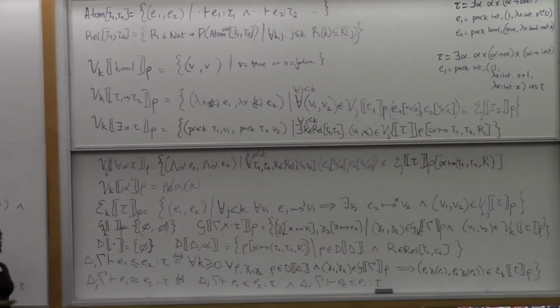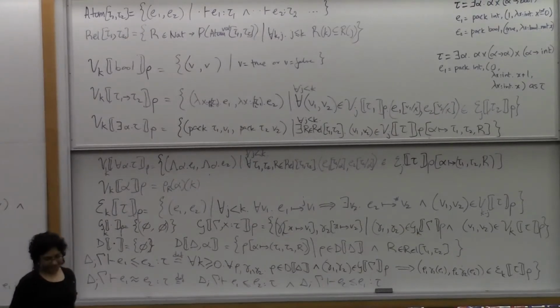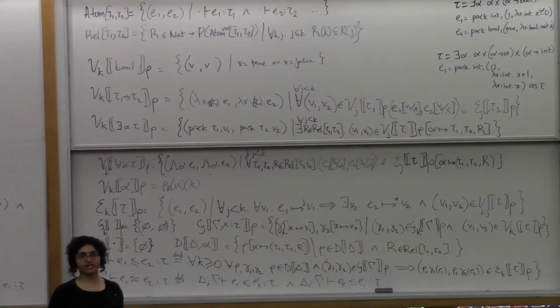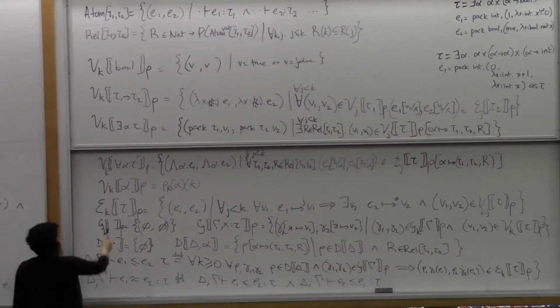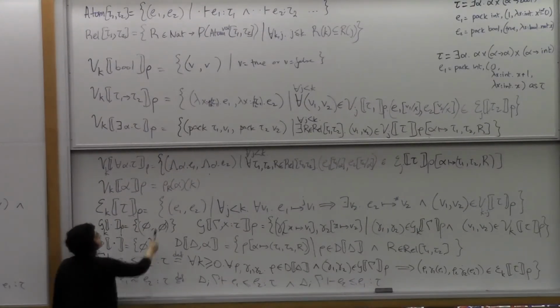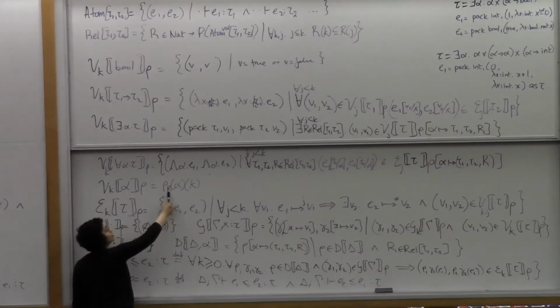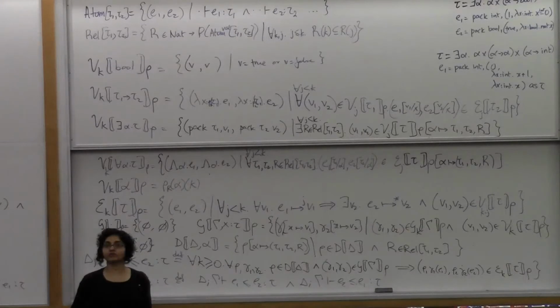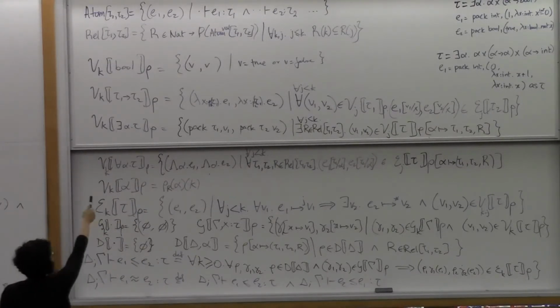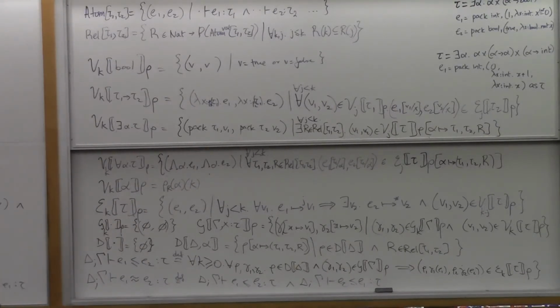So we need to show that V_k tau is a subset of V_j tau whenever j is less than or equal to k. The alpha case will go through precisely because we have made sure that whenever we put a relation in rho, it is downward closed. Rel says that.